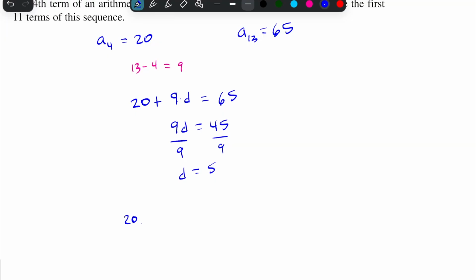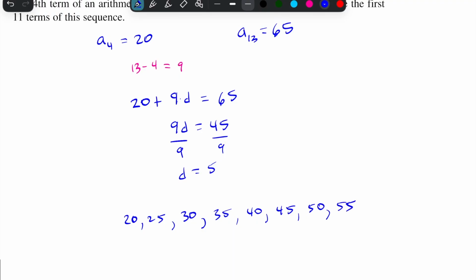So 20, 25 is my fifth term, 26 is my sixth term, 27th is my seventh term. Nope, sorry, I'm supposed to be adding 5, got carried away there. 25 is my fifth term, 30 is my sixth, 35 is my seventh, 40 is my eighth, 45 is my ninth, 50 is my 10th, and 55 is my 11th.